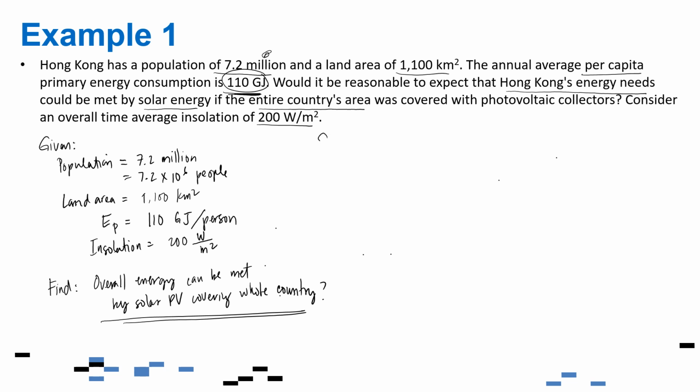So the first step for a solution is to determine how much is the energy consumption per unit area. In this case, everything is given here. We have a land area of 1,100 square kilometers, and we also know the population. So in order to do this, we need to solve first for population density. Population density refers to the number of people per unit area.